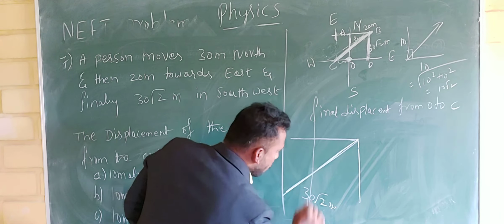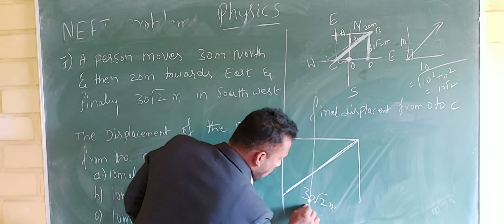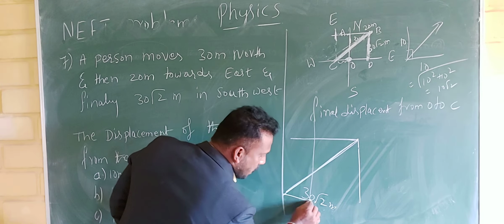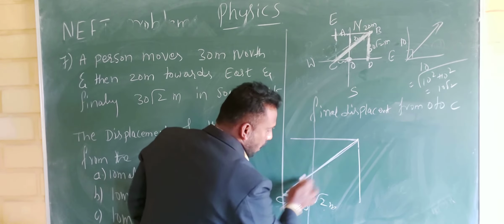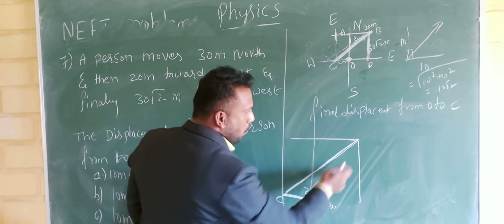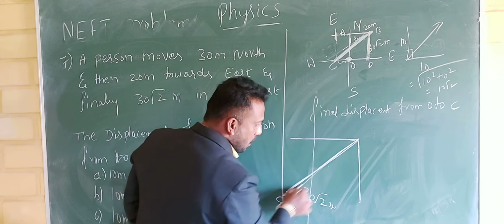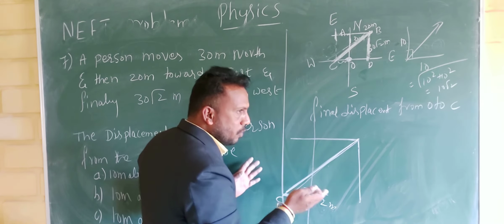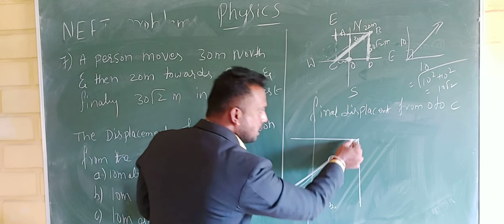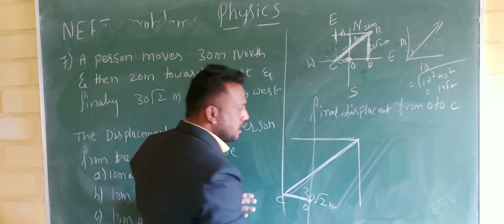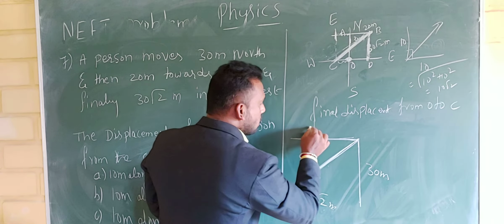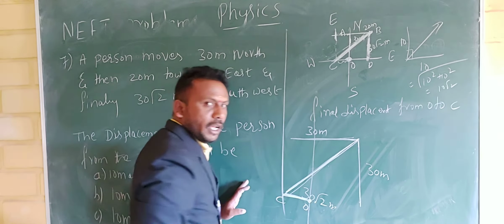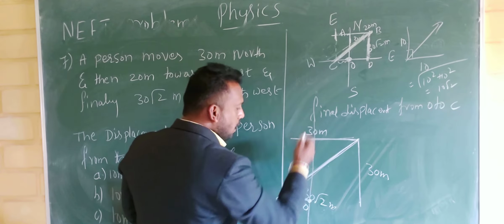This is the origin O. What is the distance between these two, OC? This length is 30 root 2. This resultant vector is resolved into two components, one along the x-axis and another along the y-axis. Along the x-axis it is 30 meter, along the y-axis also 30 meter.